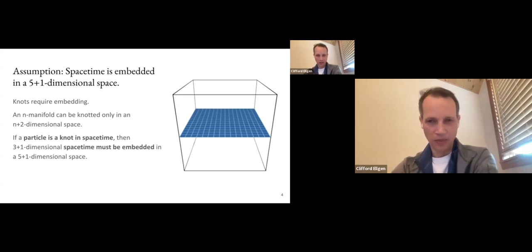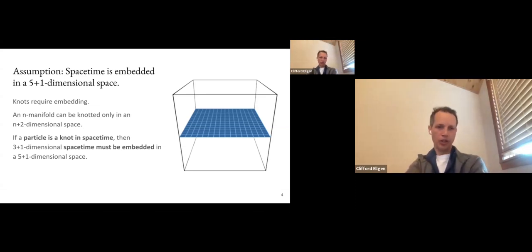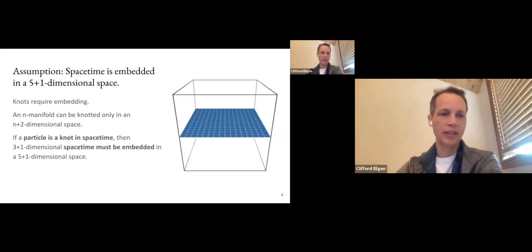Of course, the dimensions are not correct here, but the intuition is that we have a space-time manifold represented by this blue manifold, and it's inside of this larger space. So to tie these knots, we need space-time to be inside of something that's larger by two dimensions. So three spatial dimensions and one time dimension, we're going to put that inside of something that has five spatial dimensions and one time dimension.